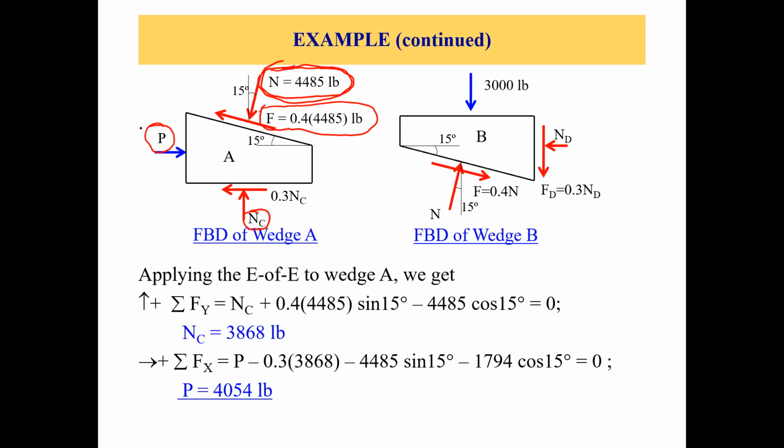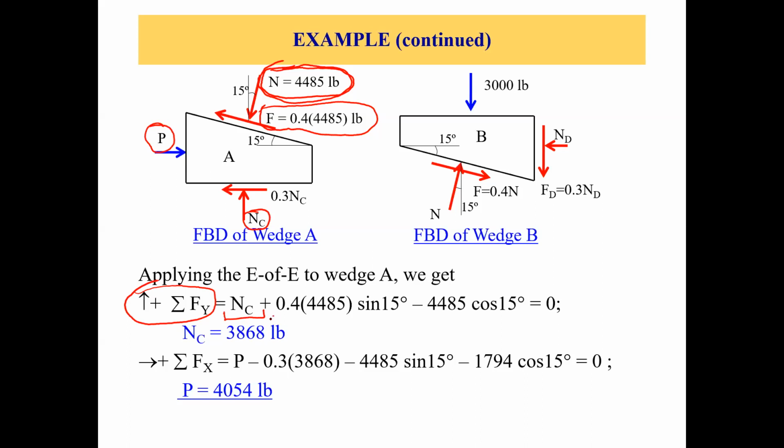Let's apply sigma Fy equals 0, which gives us this n sub c plus 0.4 times 4,485 pounds times sine of 15 degrees, which is the y component of this friction force.